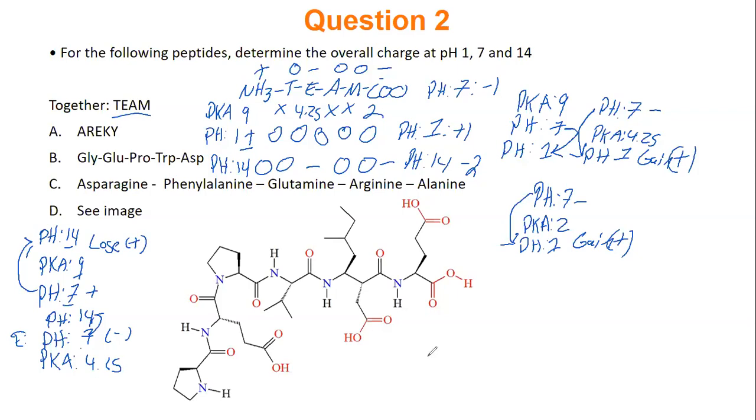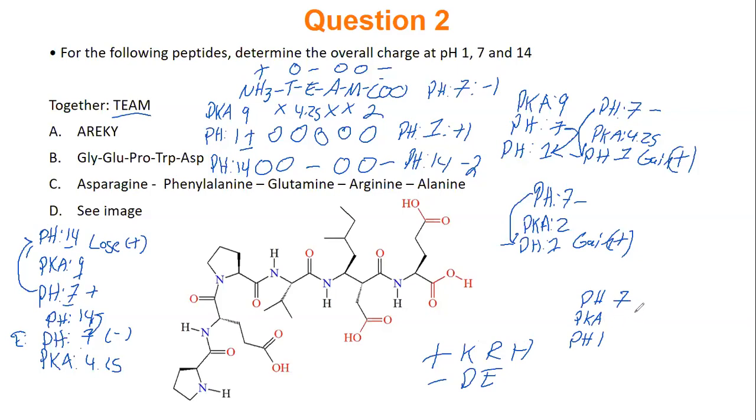Just as a reminder, your positively charged amino acids are K, R, and H. Your negative amino acids are D and E. Everything else is neutral. Once you have that figured out, once you have all the pKa's written down, just ask yourself, going from a pH of 7 to 1, is my pKa between 7 and 1?